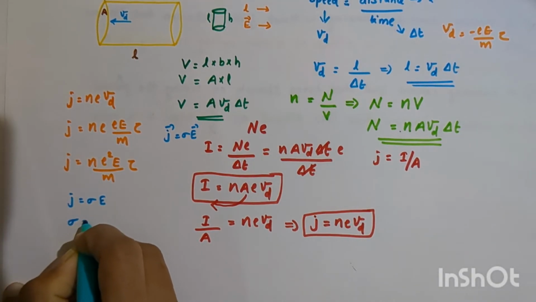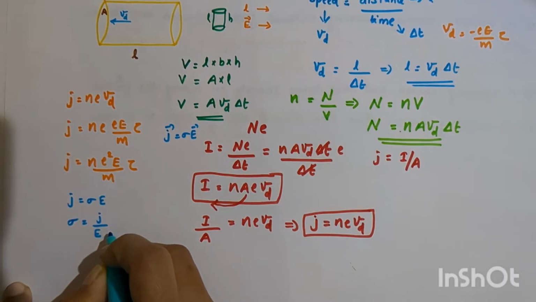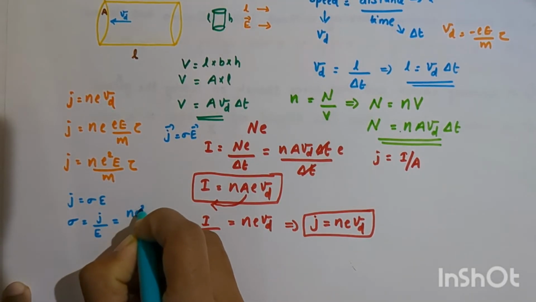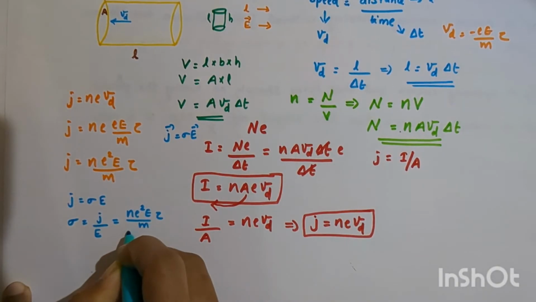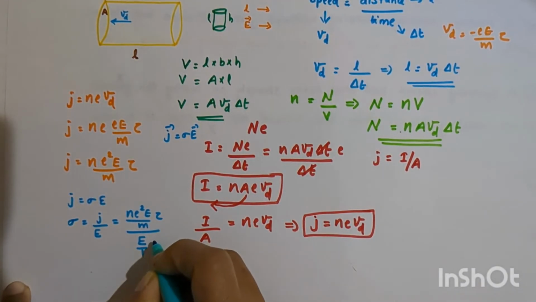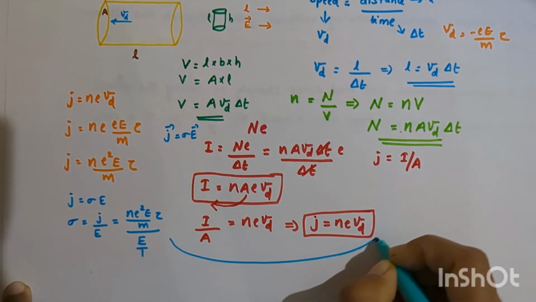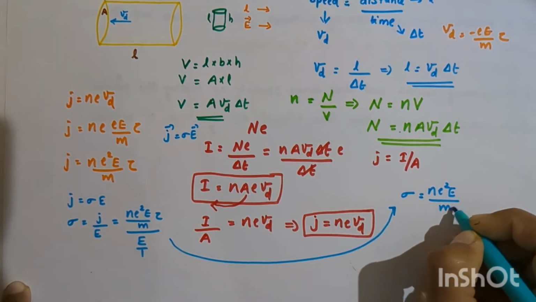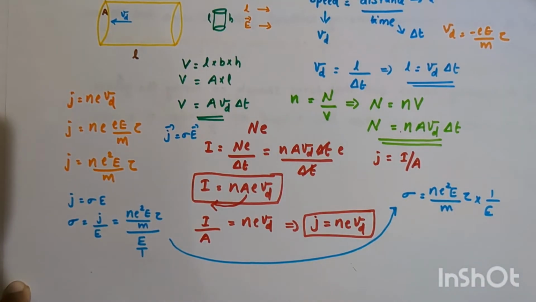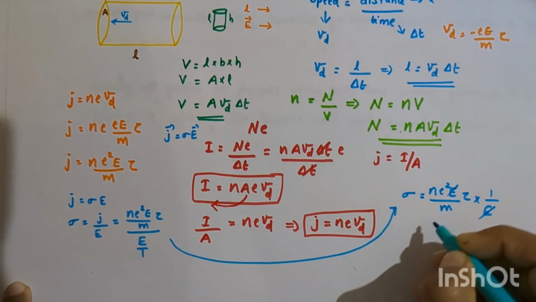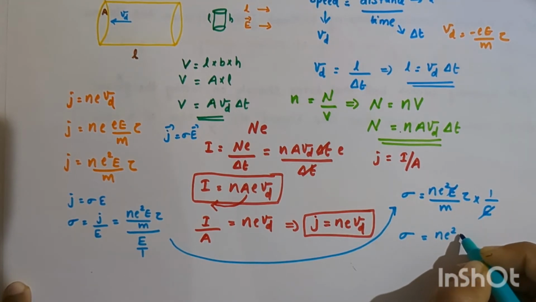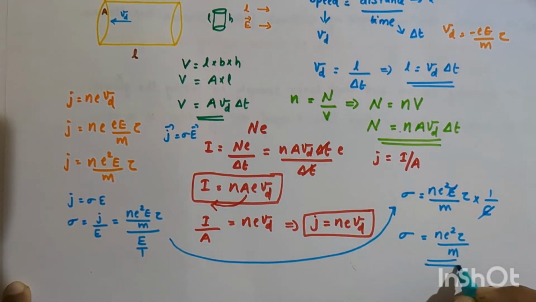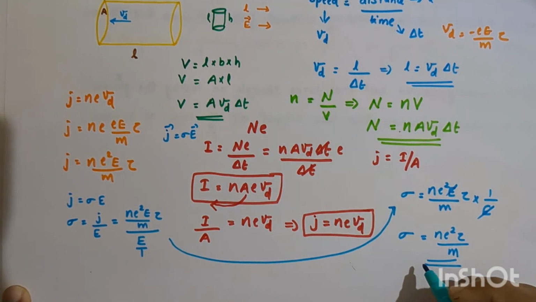So from this you can write sigma equals J by E, which is n e square E by m into tau, divided by E. Multiplying with the reciprocal, E cancelled, so sigma equals n e square tau divided by m. Here we have two assumptions, that the relaxation time tau and the number density n are constants and independent of the electric field E.